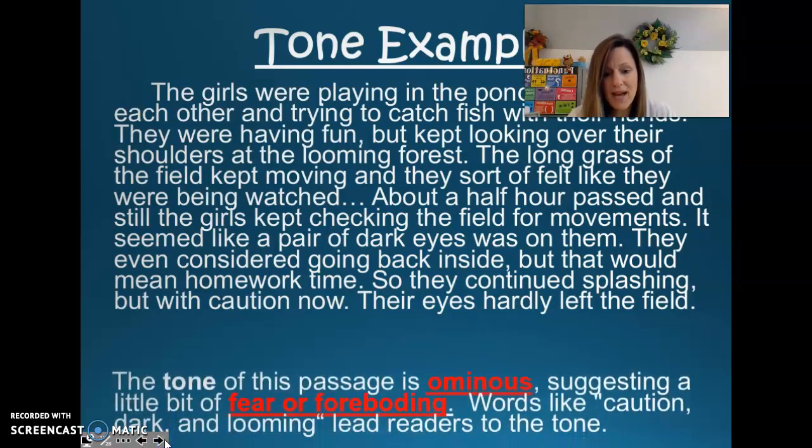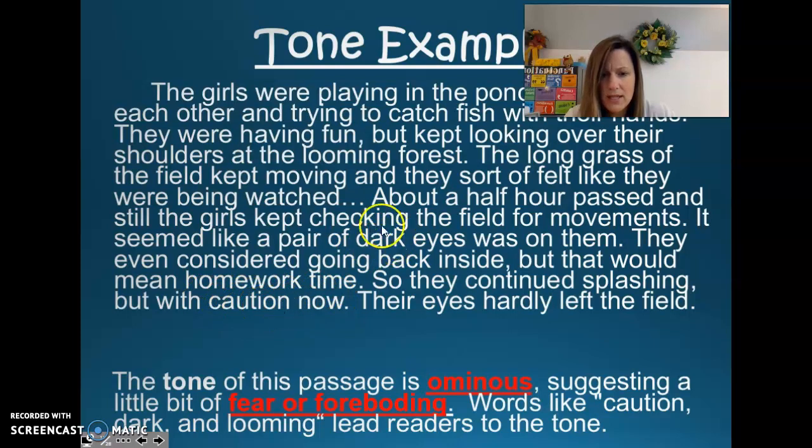So the tone of this passage is ominous, or it kind of suggests a little bit of fear or foreboding. Words like caution, dark, and looming lead the readers to this tone. So if you have a highlighter or a crayon or colored pencil and you want to highlight the words in the passage, you could highlight the word caution right here in the last line.